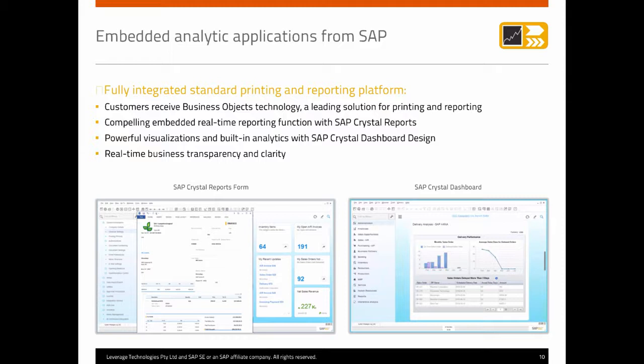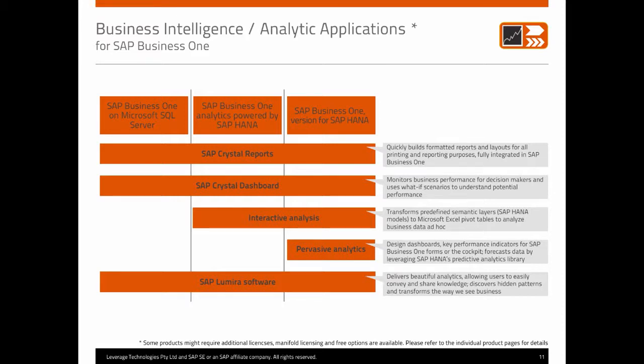In fact, many other ERP vendors actually license that functionality from SAP and embed it into their applications. So there's a number of these different products that are available for you.